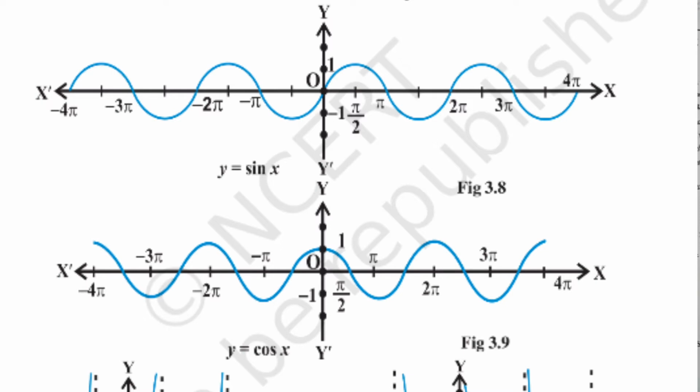In this way there is a spiral structure. Sin x and cos x are a little bit different: sin x starts from 0, the origin, and cos x starts from 1, the point (0, 1). So these are the only differences.